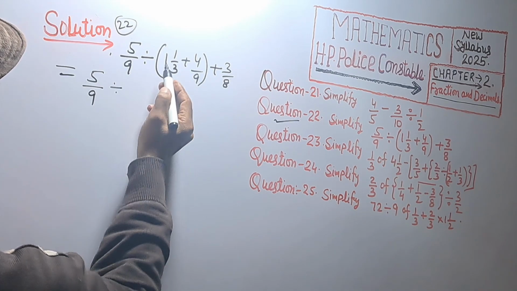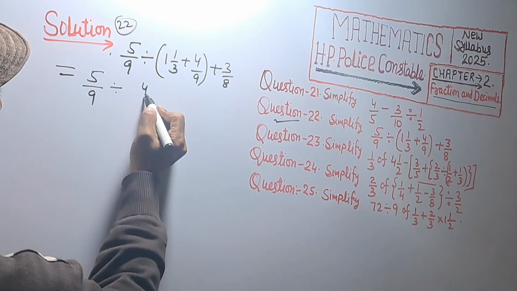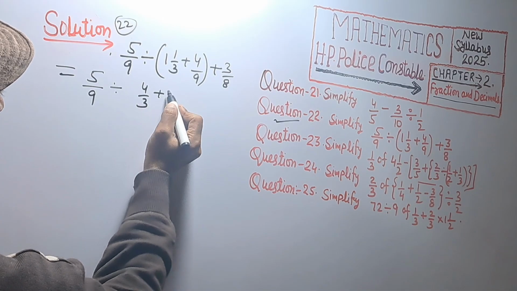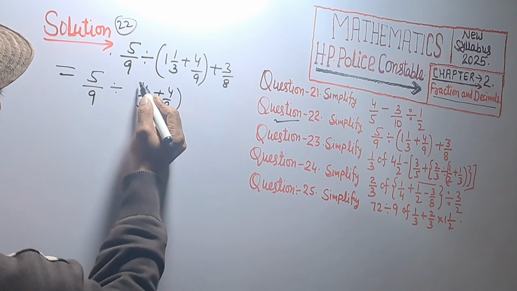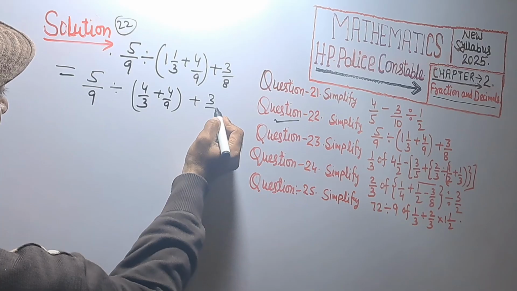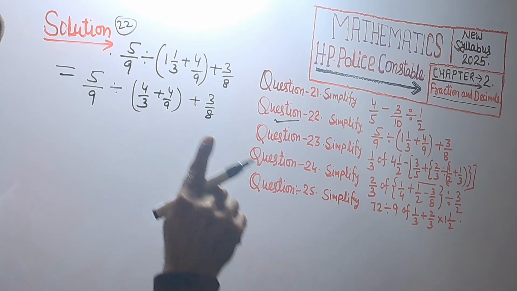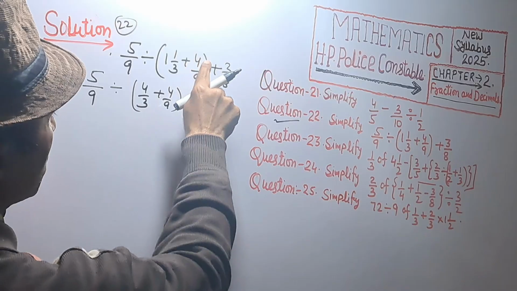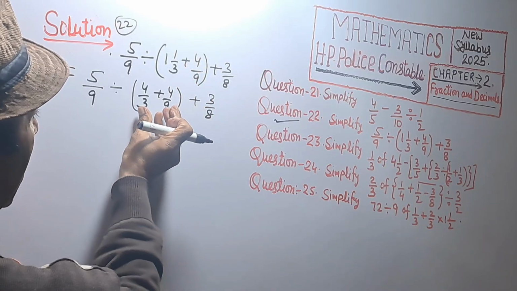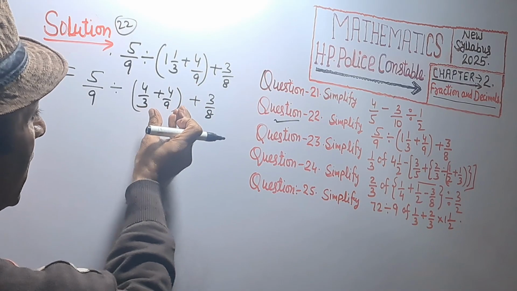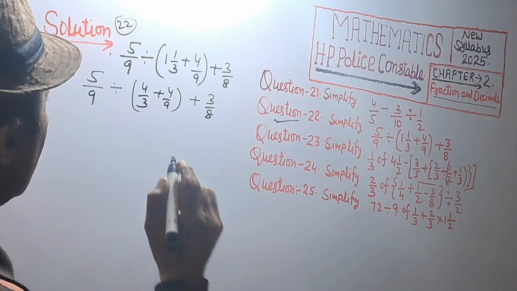3 1s are 3, 3 plus 1 is 4, so 4/3 plus 4/9 plus 3/8. The LCM of 3 and 9 is 9.